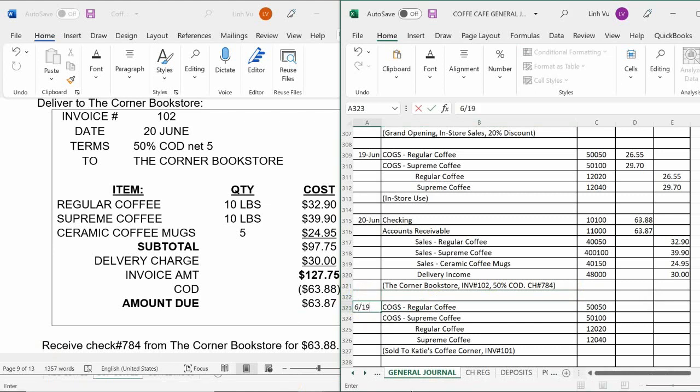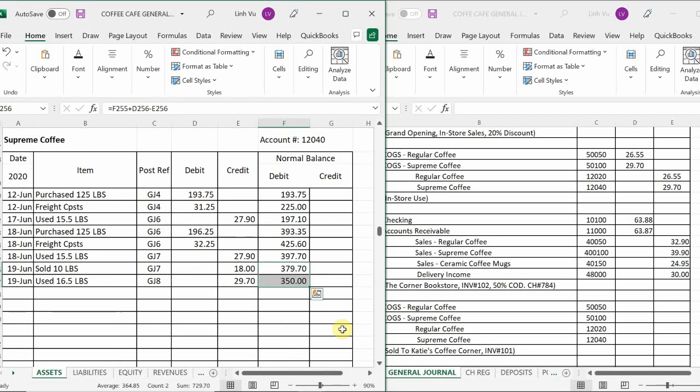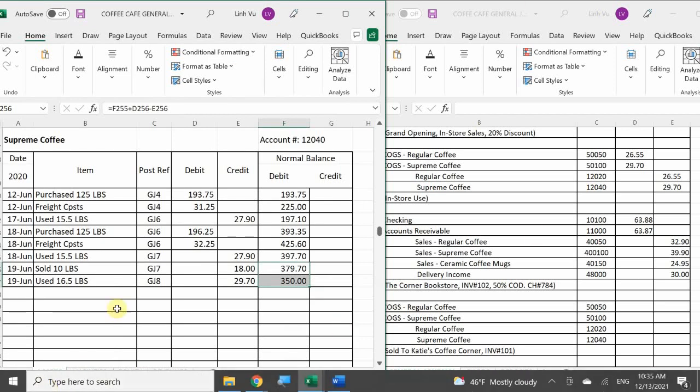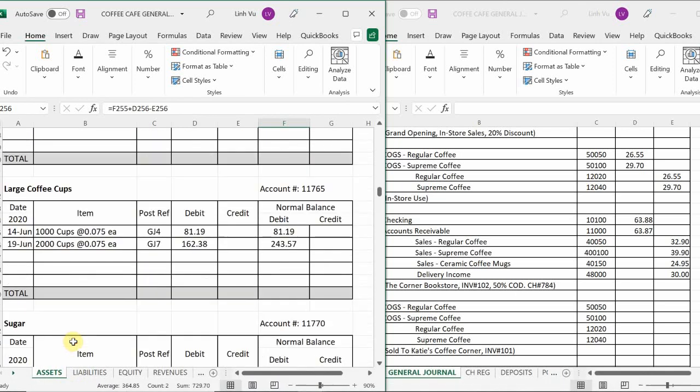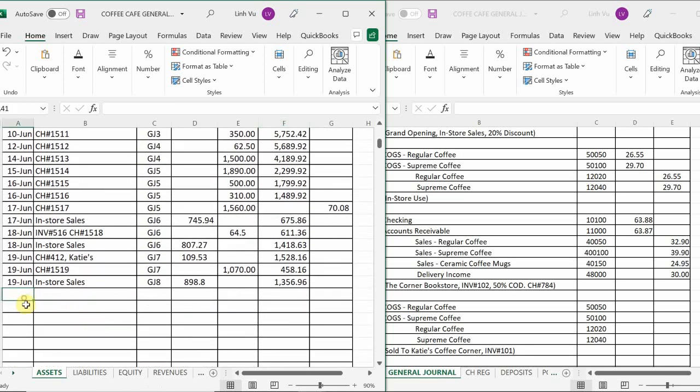I used the copy and paste feature to save me some time here, and I just edit the information accordingly. Okay. So I need to go to my ledger to record this sale, right? So checking. Check number 784 from Corner Bookstore.